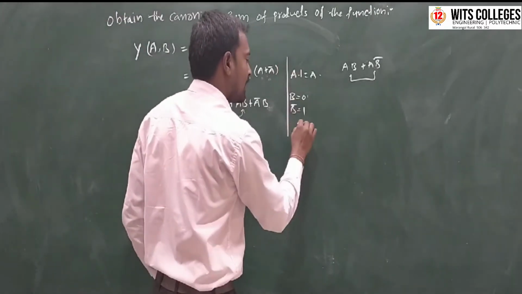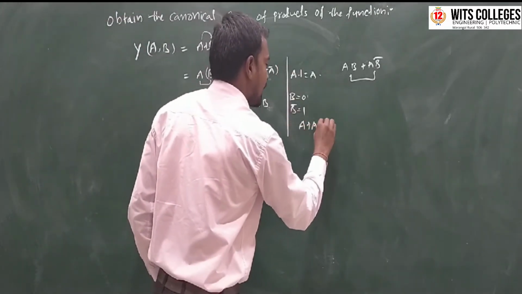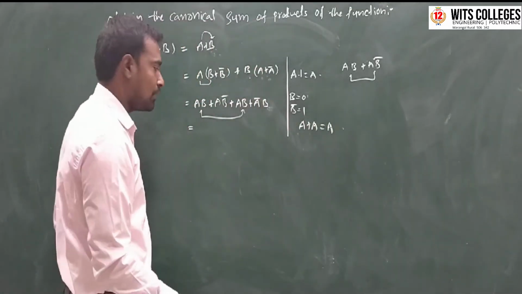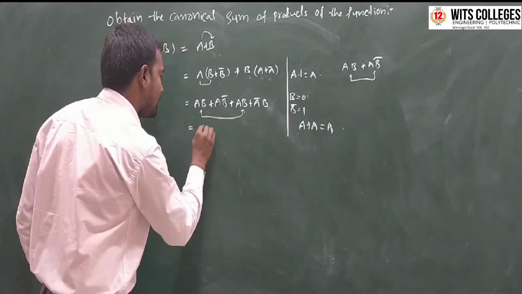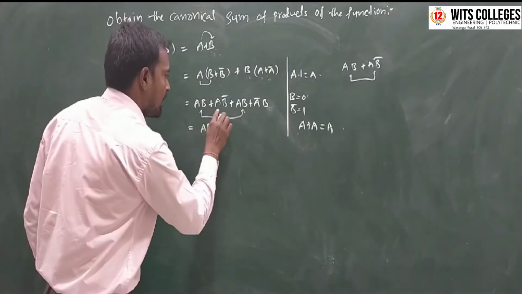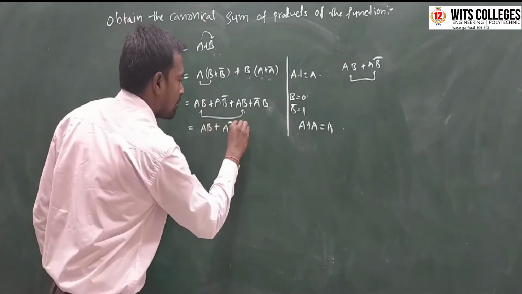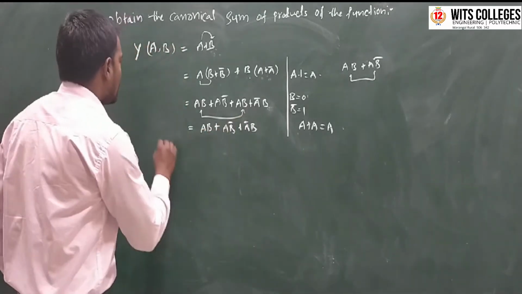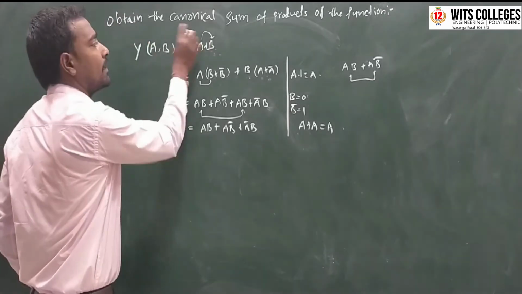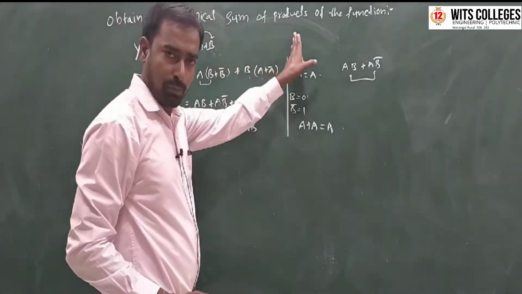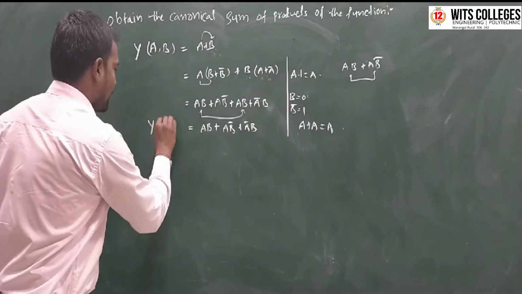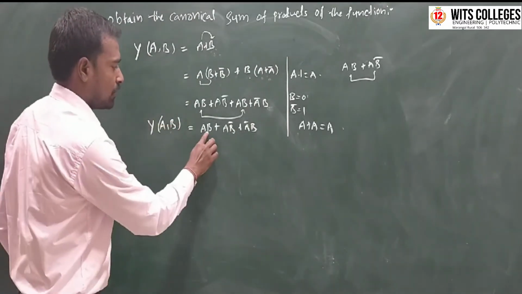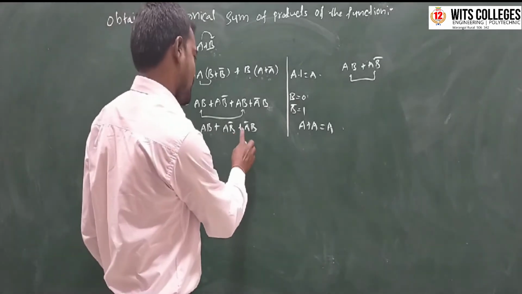We have a formula that is A plus A is equal to A. So here similarly we will get A into B plus A into B bar plus A bar into B. So this is the finalized canonical form of sum of products. So that is y of A comma B is equal to A into B plus A B bar plus A bar B.